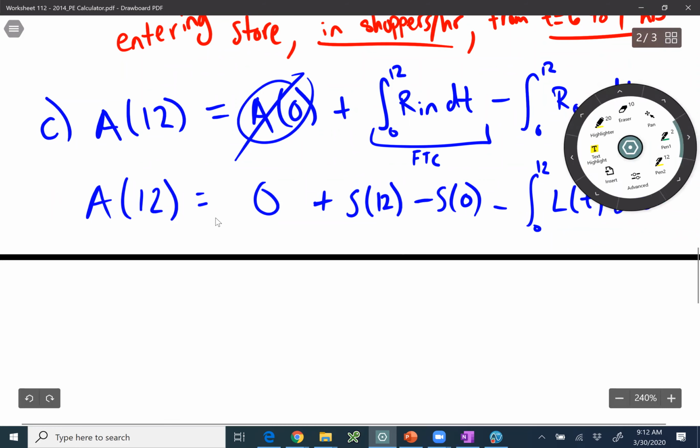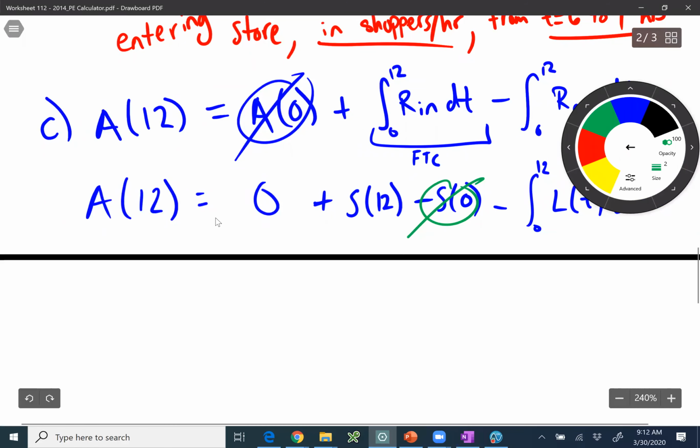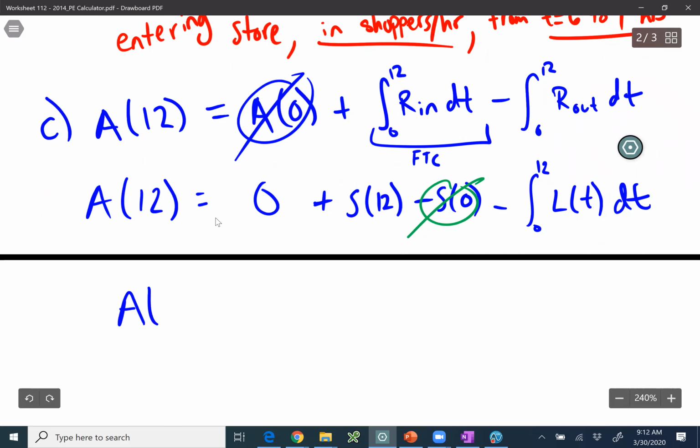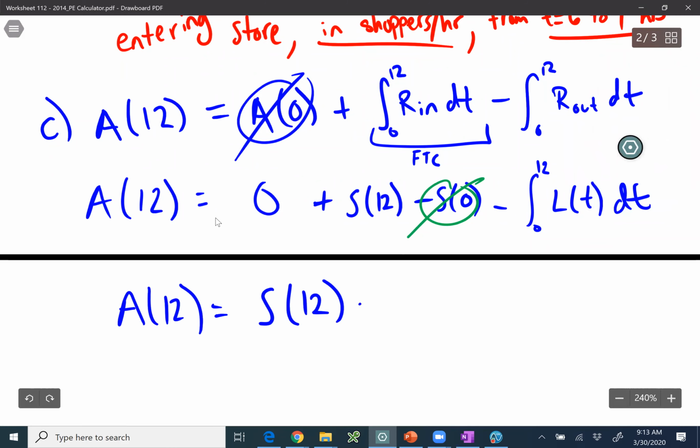And S of 0 is also 0 if you plug it in or just reading the question. It says at the beginning there are 0 people. So this gives us a formula of the amount at time 12 is equal to S of 12 minus the integral from 0 to 12 of L of t dt. And this is what they have on their answer key.